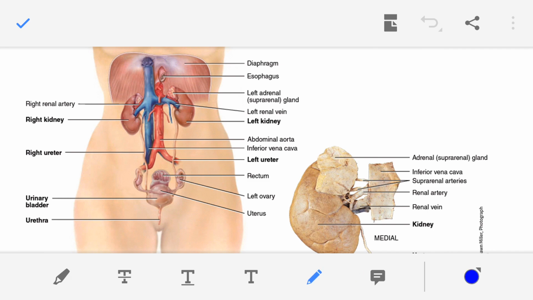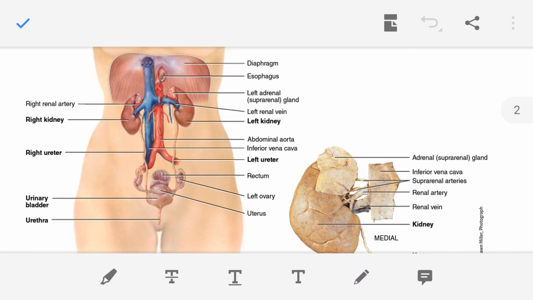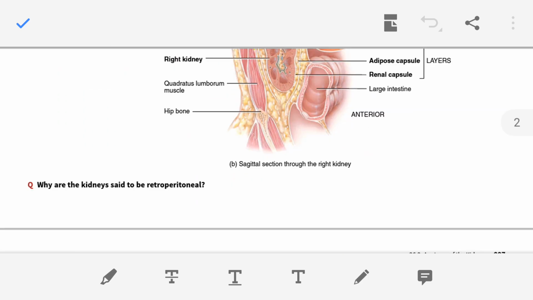That urine enters into the right and left ureter, and both the ureters are pouring the urine in the urinary bladder. So when the urinary bladder is completely filled with the urine, we are urinating. Okay, so we are expelling the urine from our body.